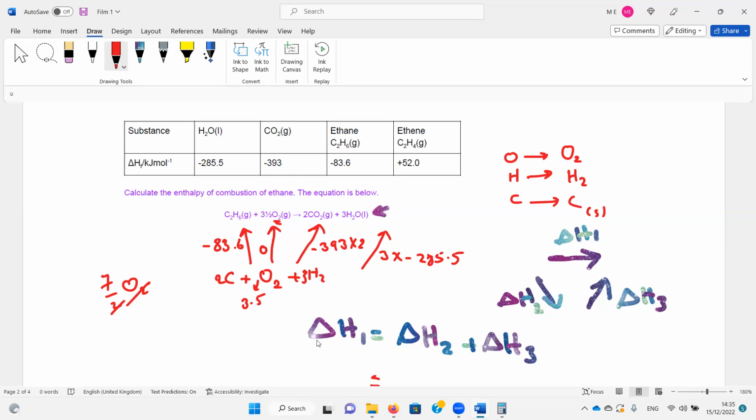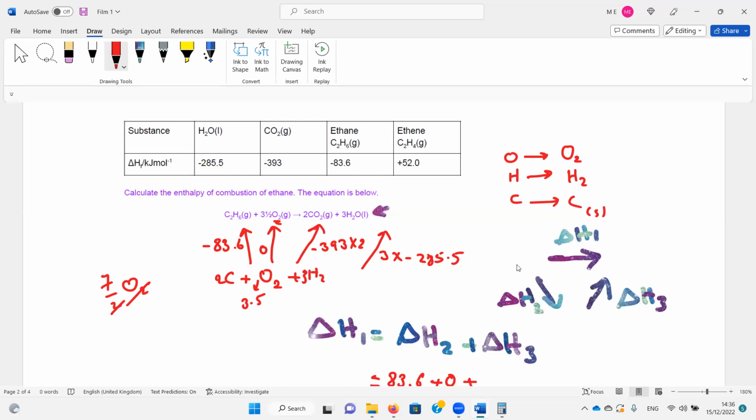So in this case here, it will be 83.6 plus 0 for the oxygen. You don't need to write it. And then plus the delta H3, and this is for the product side. So here you are talking about the side of the equation.